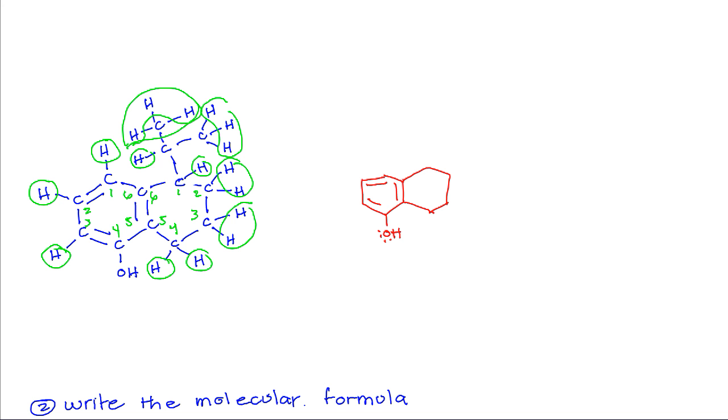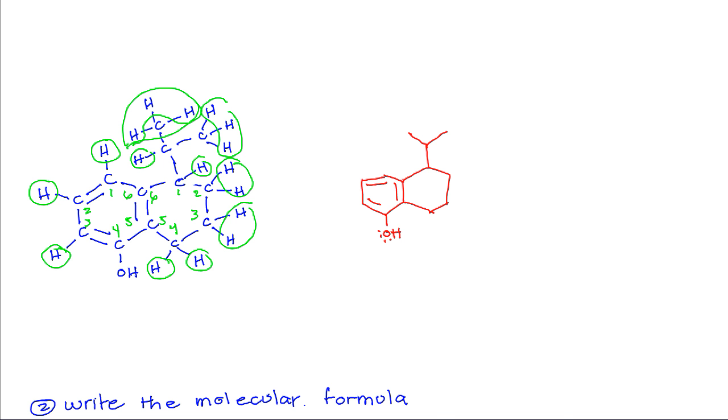Same with 3 and 2. With carbon 1, we do have another carbon there, so we can draw one line like this. That carbon has one hydrogen and 2 other carbons. So the hydrogen we don't have to draw in, but the 2 other carbons we draw in like that. So this is our final structure.